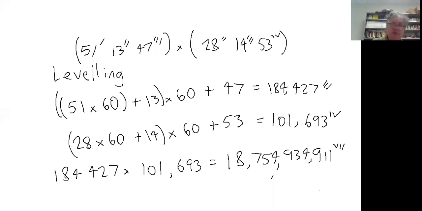Okay, so if we divide by 60, we see we have a remainder of 31. So that's going to be the number of sevenths. We take that number, around 5 million, which is what we get when we divide by 60. We divide by 60 again, and we get a remainder of 8. We divide the previous number by 60, get the remainder, and we get 24.